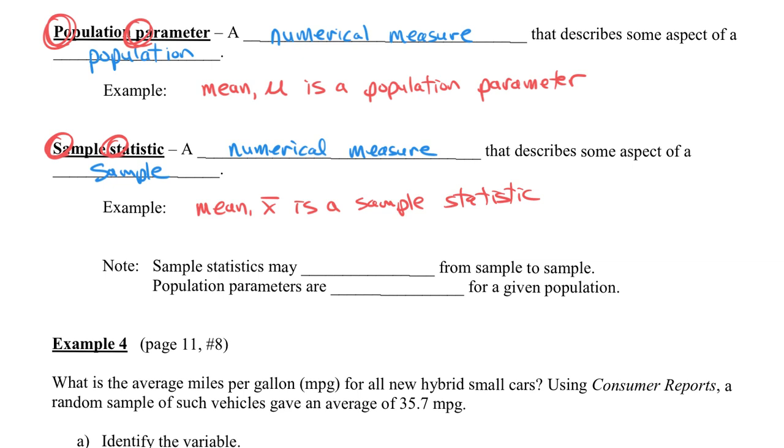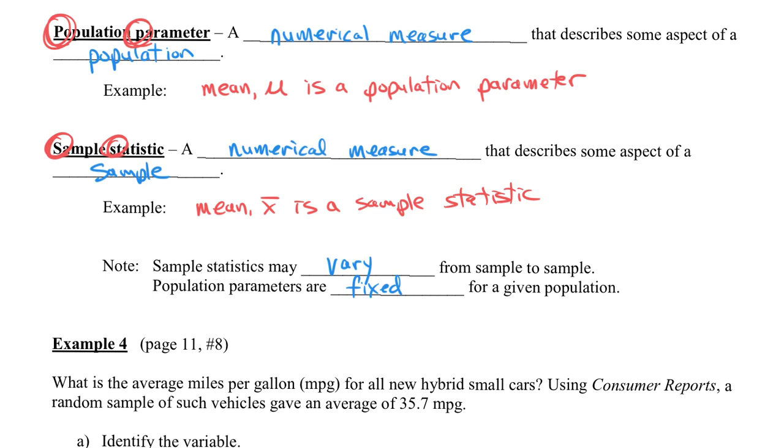And there's a couple of notes here. Sample statistics may vary from sample to sample, whereas population parameters are fixed for a given population. Let's say we're going to try to figure out the average age of a GRCC student, and we took a sample of 200 students from the entire population of maybe 15,000 students.